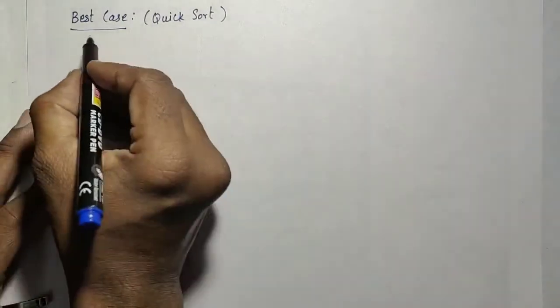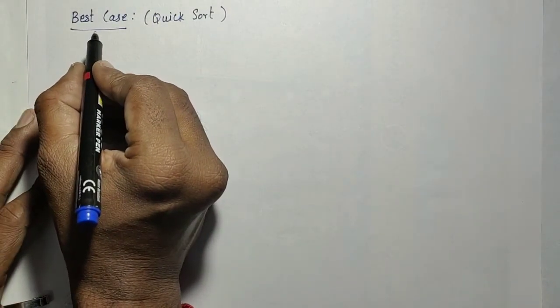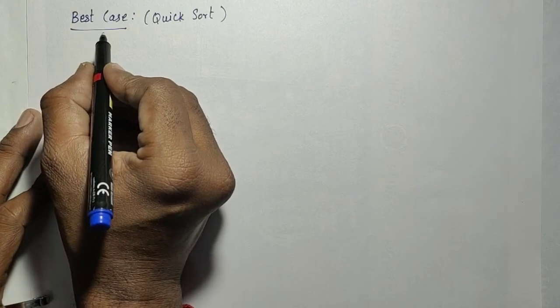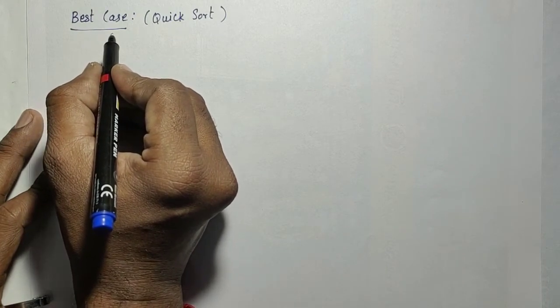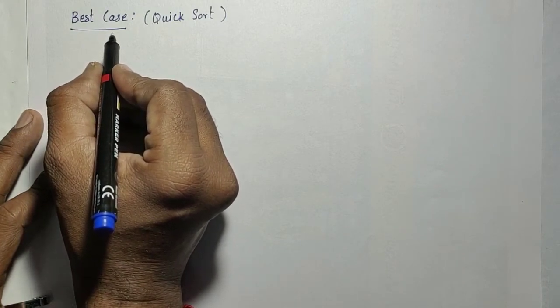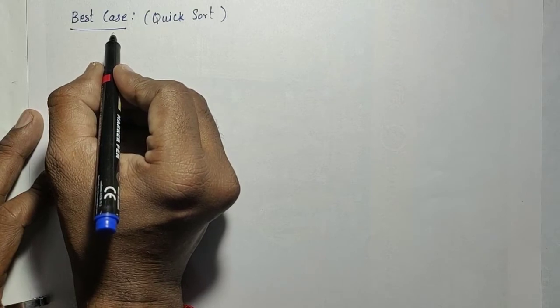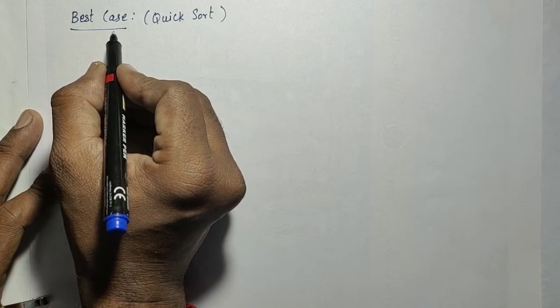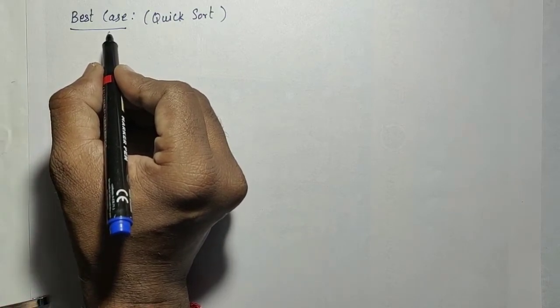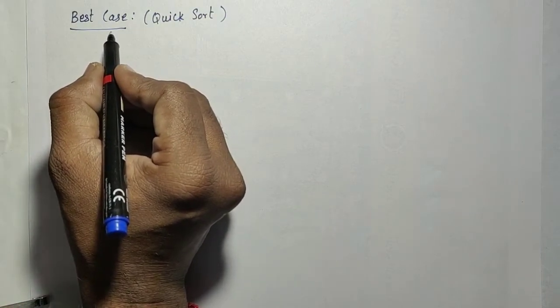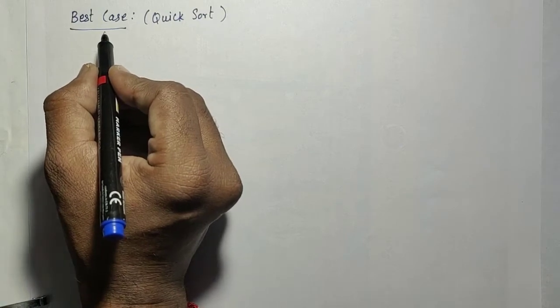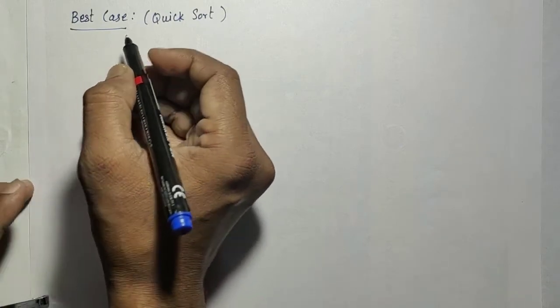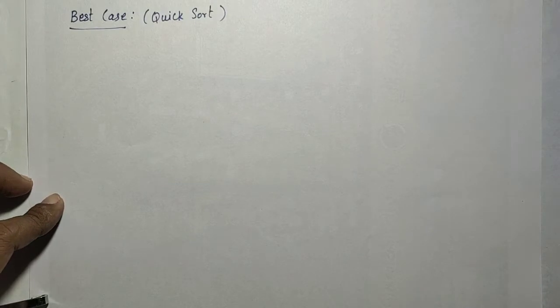So what we are going to assume is that if the split always occurs at the middle, then that input is considered the best case input for quicksort. In that case quicksort gives the best complexity.